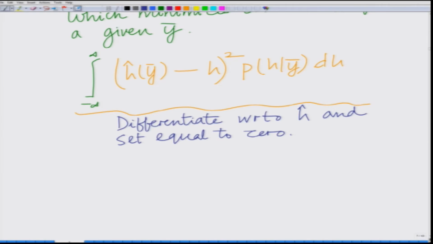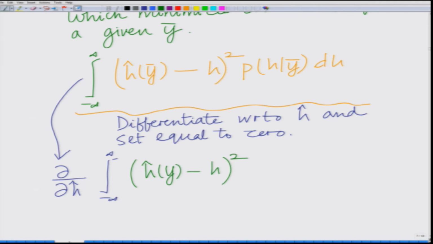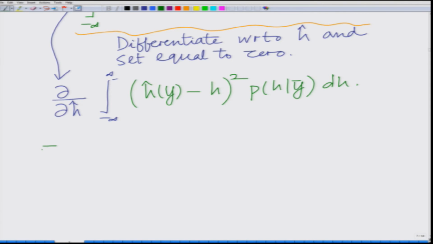Now take the derivative inside, interchanging the derivative and the integral. We have the integral from minus infinity to infinity of dou by dou h hat of y bar, the observation vector, minus h whole square, p of h given y bar, d of h.